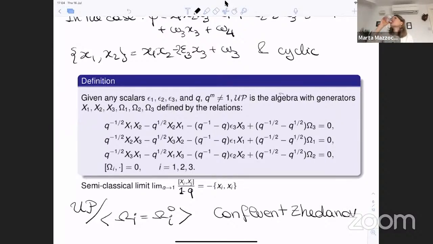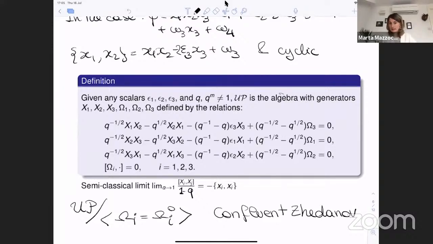And this, for all the epsilon equal to 1, is the standard Askey-Wilson algebra. And for this algebra, we can prove that in fact the algebra is potential in the quantum sense.